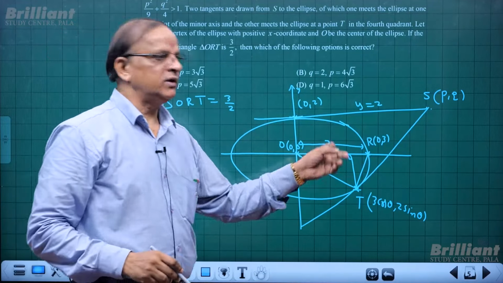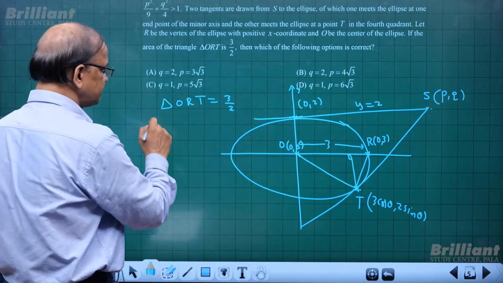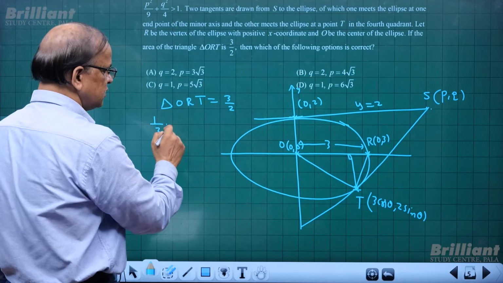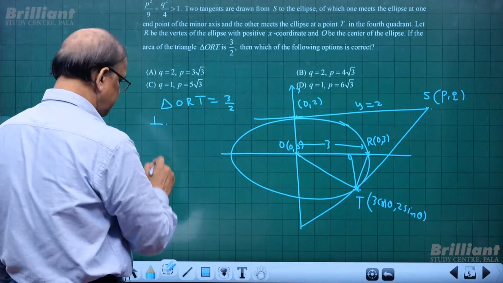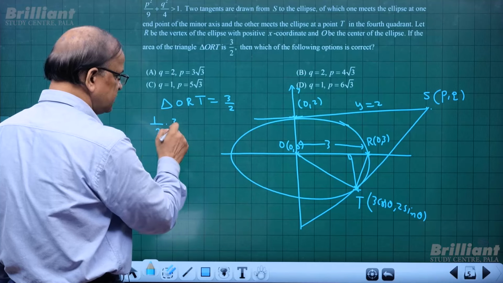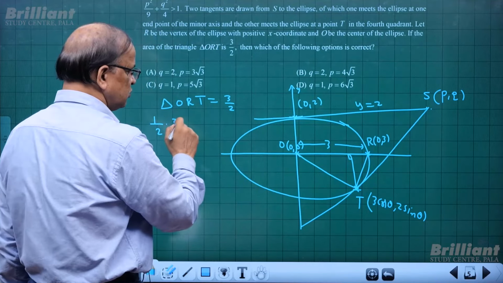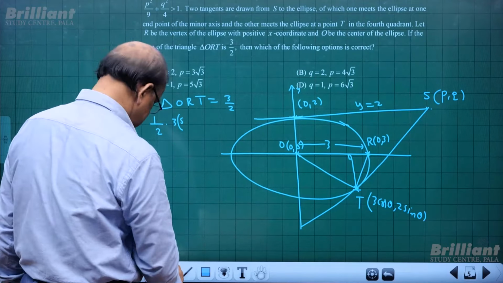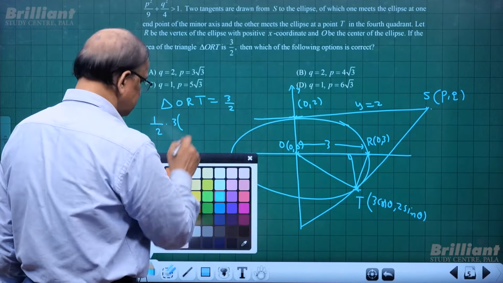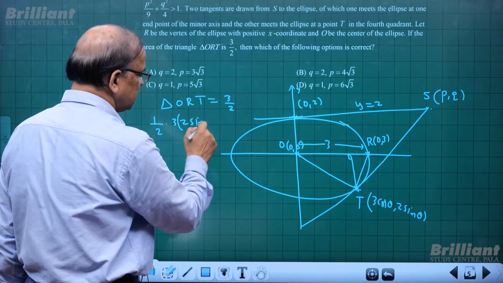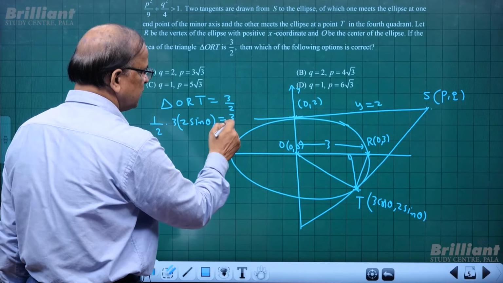So half base into height. Base is 3, so height is 2 sin theta. So half into 3 into 2 sin theta is equal to 3 by 2.